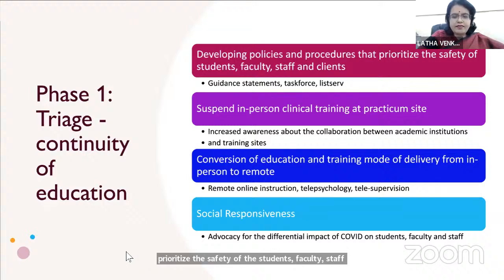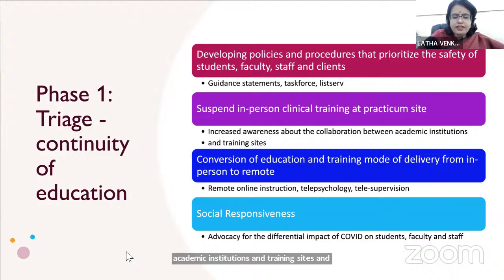And guidance statements and a task force were created, and a listserv was created. And we suspended in-person clinical training at practicum sites. We were not able to continue the clinical training at the practical areas, and this has increased the awareness about the collaboration between the academic institutions and training sites.